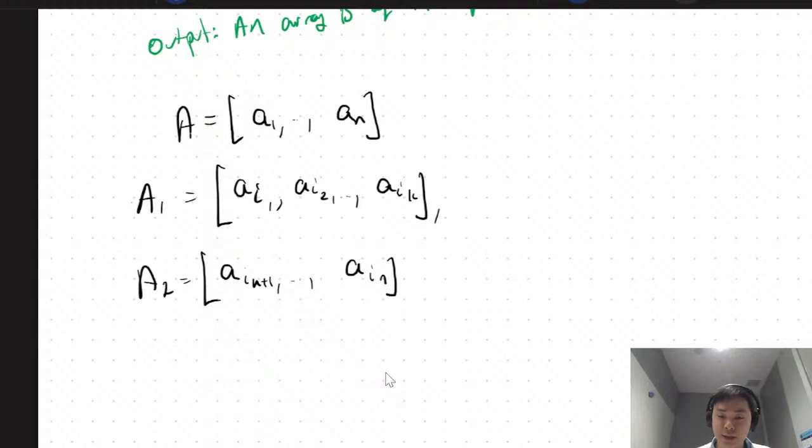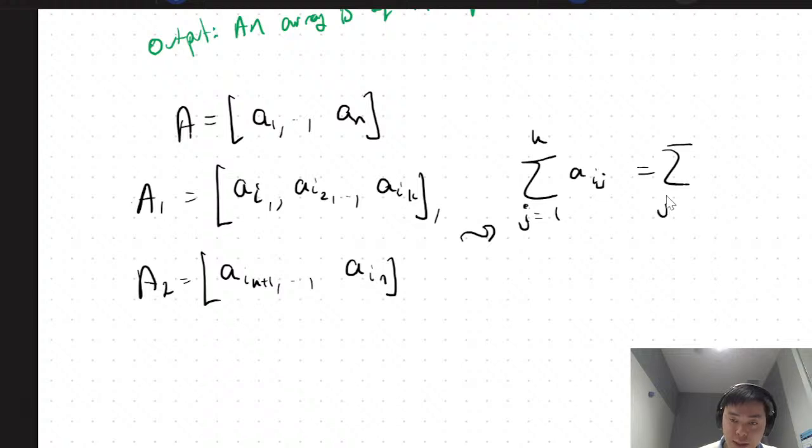So suppose I know that there is a partition into two sets, and I know that they sum to the same thing: the sum over j equal to 1 to k of a_ij equals the sum over j equal to k+1 to n of a_ij. So suppose I know that these two are the same thing.